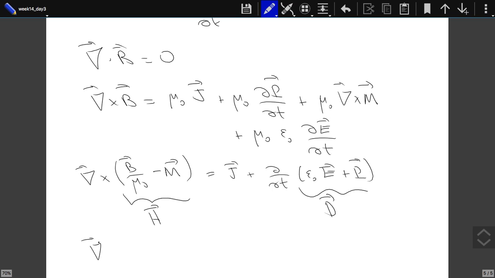So the curl of H is equal to J plus the derivative of the displacement field with respect to time.